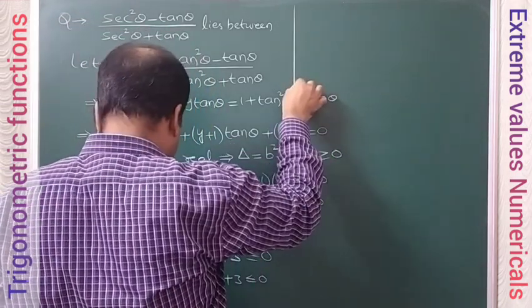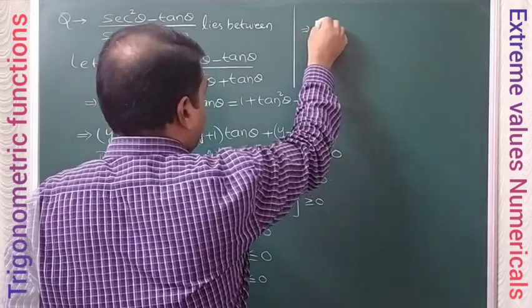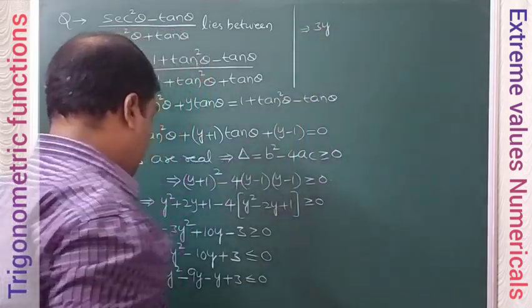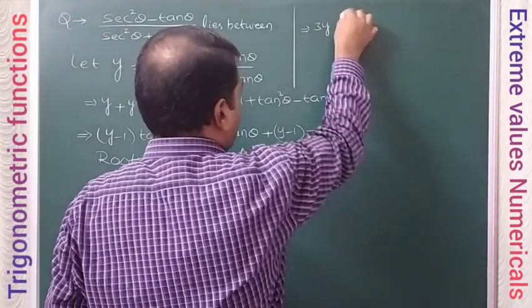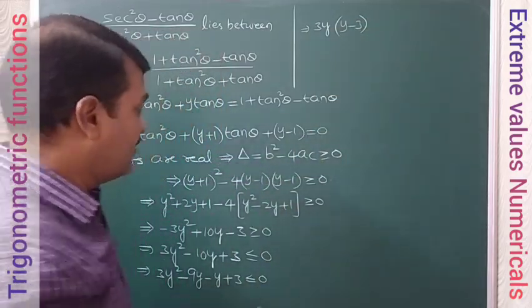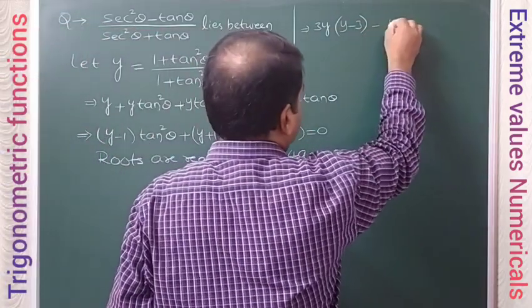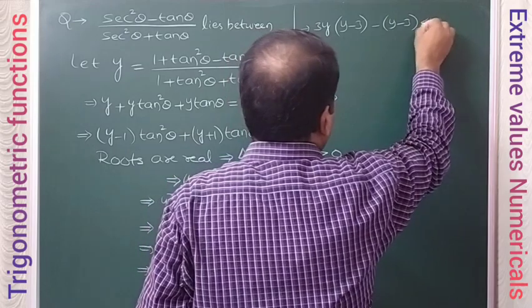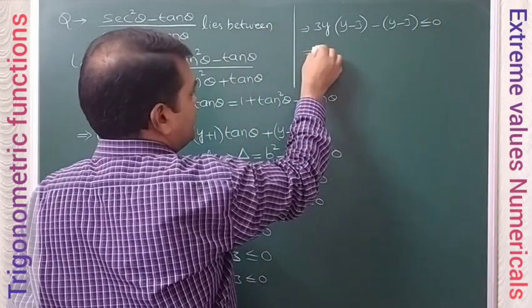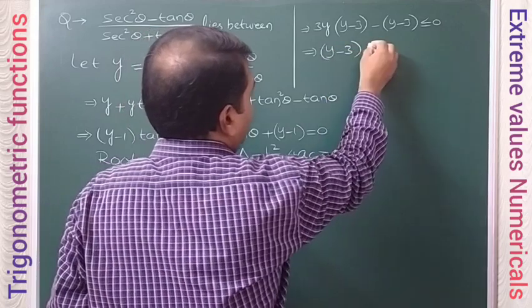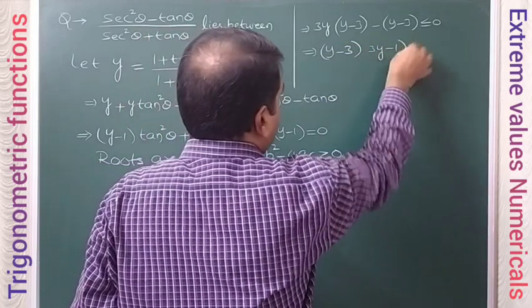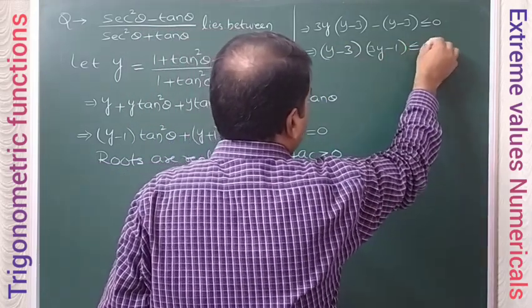So factorizing, in the first two terms you can take 3y common, and in the last two terms minus 1 common. Next, y minus 3 common, we get 3y minus 1, less than or equal to 0.